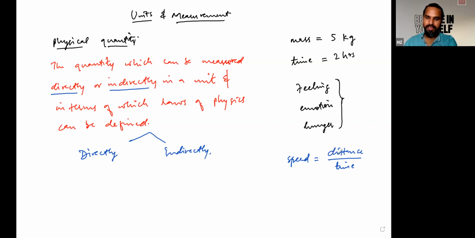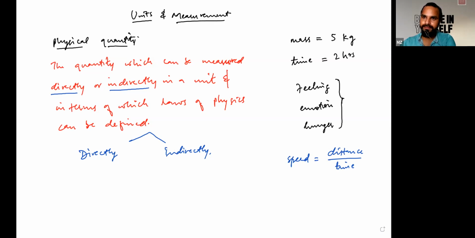So quantities like distance, time, mass, for which we don't need any other quantities for measurement, are called directly measurable quantities. Or we can say these quantities are independent of other quantities for their measurement. But if you have to calculate speed, you must need distance as well as time. Otherwise, you can't find speed with just one of the two values.